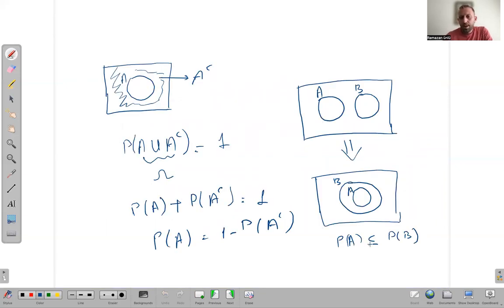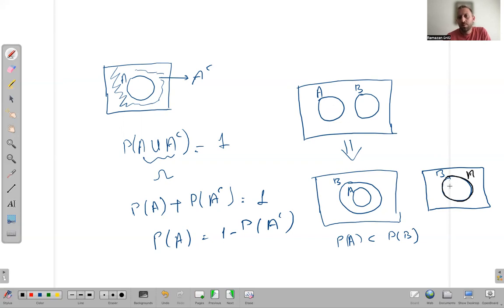If this is the case, actually there will be no equal sign, right? But if the relationship between B and A is like that, this is B, and let me change the color, and also this is A. So in this case, B and A will be equal.